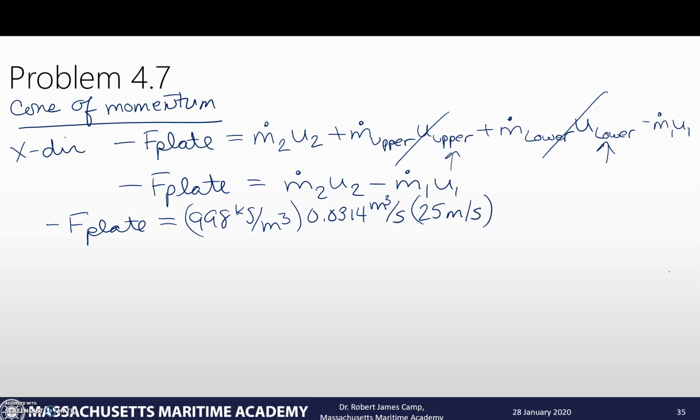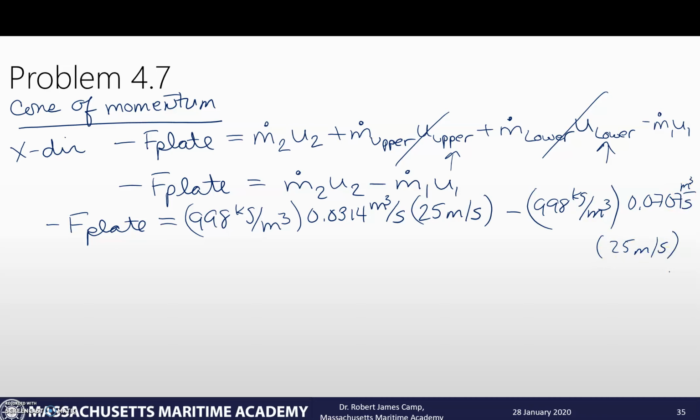It's all in the x direction, so we don't have to angle it or anything. And then we're going to subtract from that everything that's coming in, 998 kilograms per cubic meter. Then we're going to multiply it by the volumetric flow rate coming in, which is 0.707 cubic meters per second. And then we're going to multiply it by our velocity, which I'm going to drop there.